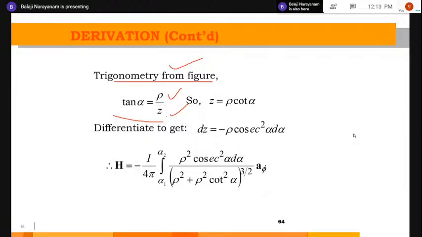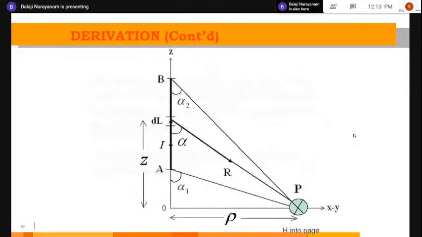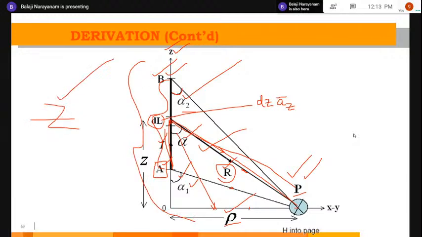We got tan alpha as rho by z. Again go to the diagram and observe, this is tan alpha, rho being the opposite side and z being the adjacent side for this alpha, rho divided by z.